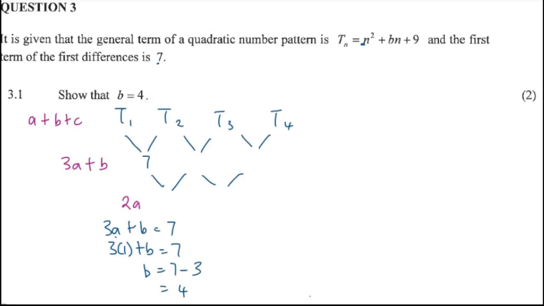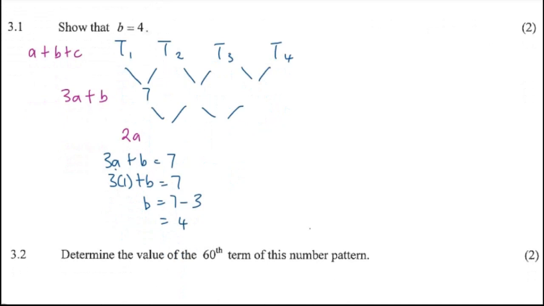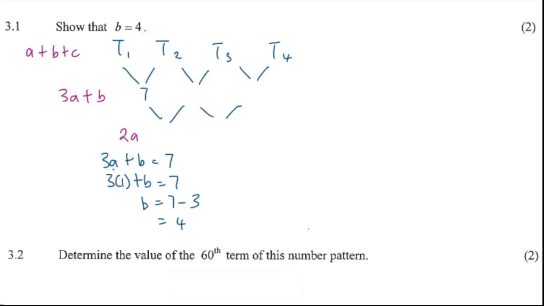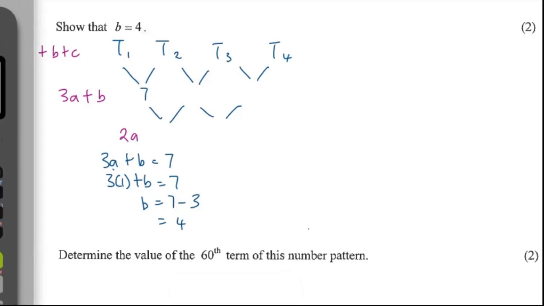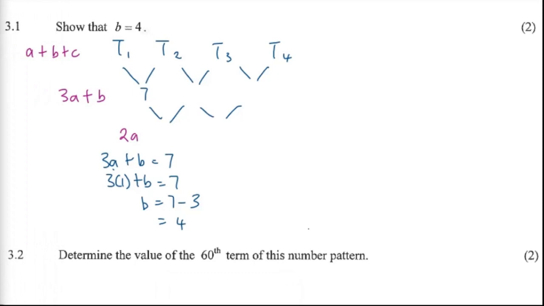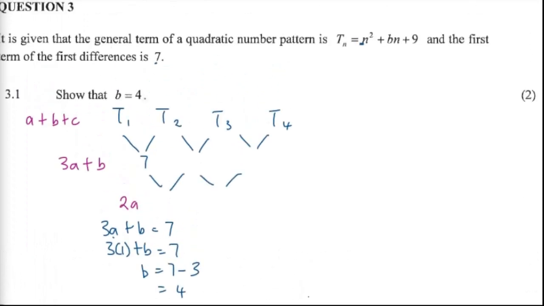Now the next question is to determine the value of the 60th term of this number pattern. We're going to bring out our calculator quickly, because in our equations we now know that b is 4.